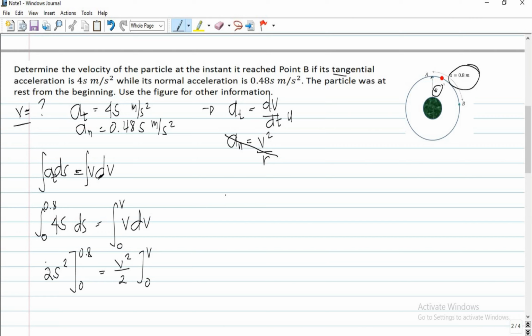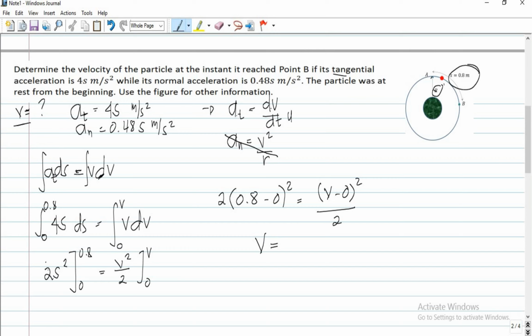So, let's substitute our limits dun sa ating equation. That is 2 times 0.8 minus 0 squared is equal to v minus 0 squared over 2. So, with that, what is the value of our v?